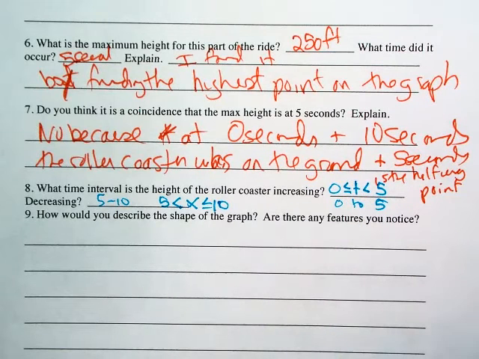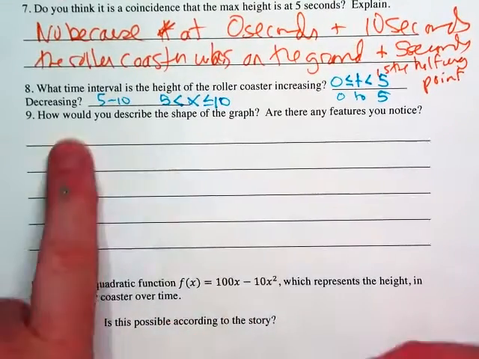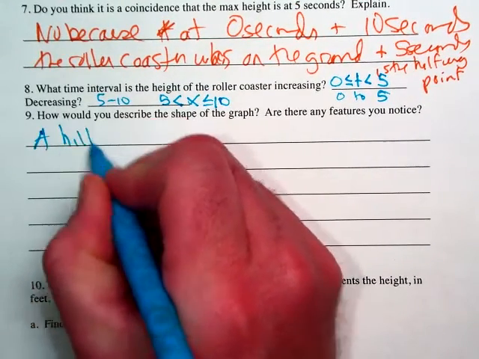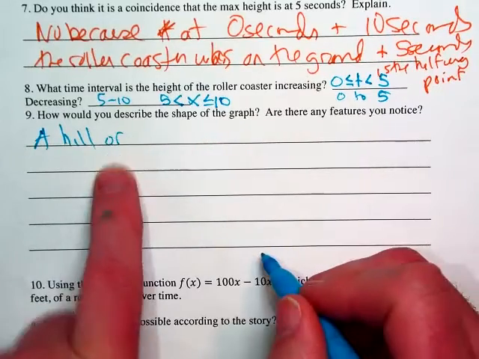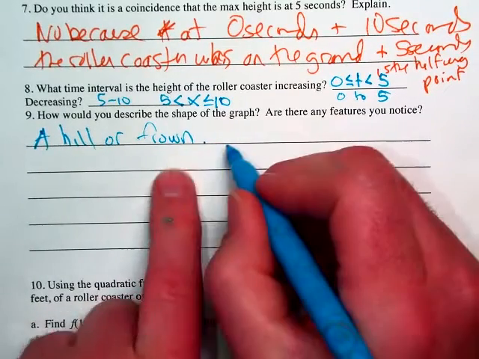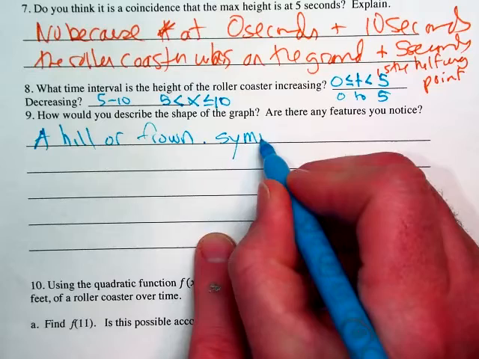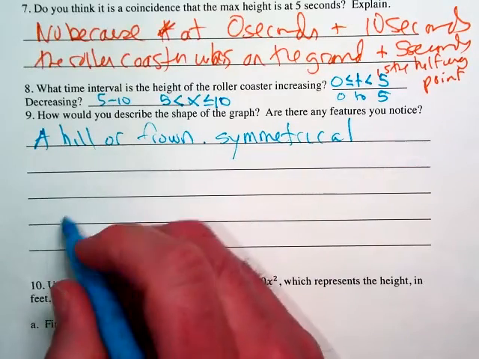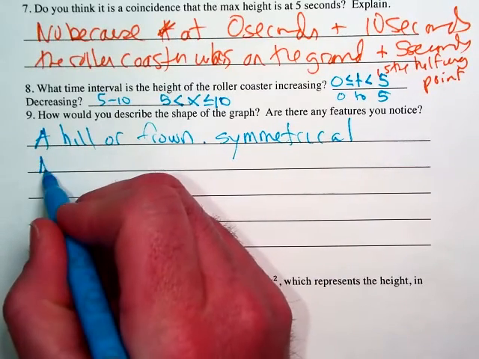How would you describe the shape of the graph? I did give it in it, but say like a hill or a frown, right? We talked about this word in the last one, but it definitely seems symmetrical, right? I would say that it has a high point for sure, right? A high point.